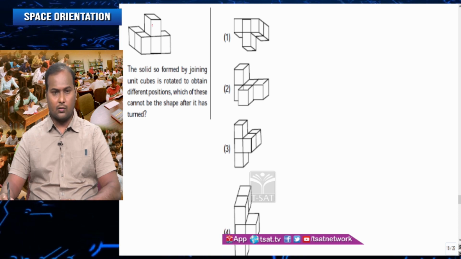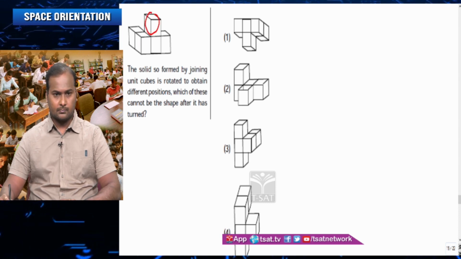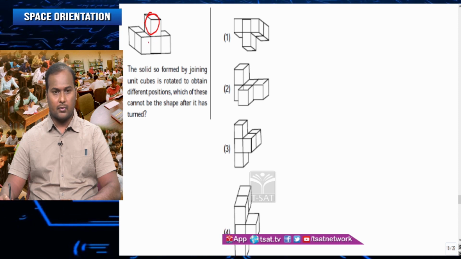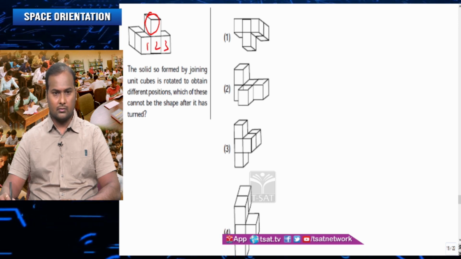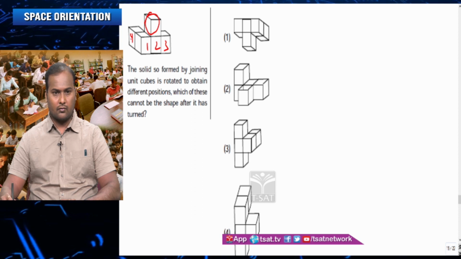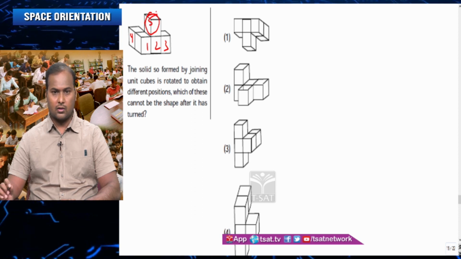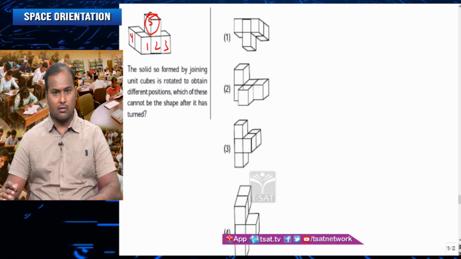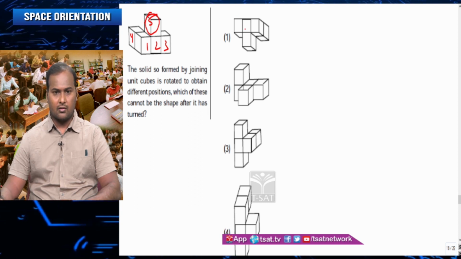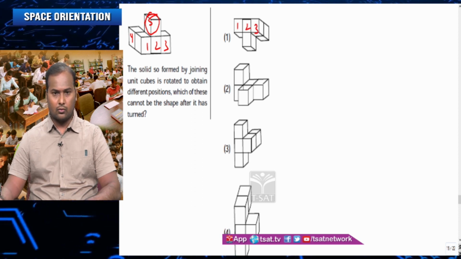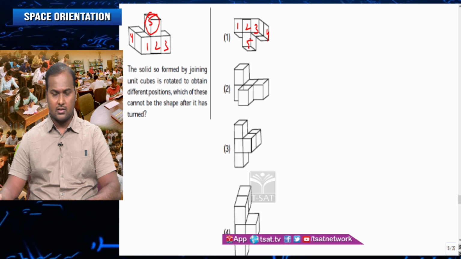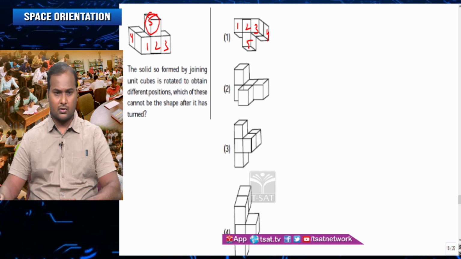So in this case you try to remember this upward position. That is a clue for us, because here 1, 2, 3 and then followed by 4. So 4 on one line, the fifth one is on the top. So based on this we will check it. Here also see, 4 is on one line, 1, 2, 3, 4 and the fifth one is on top. So this is possible.